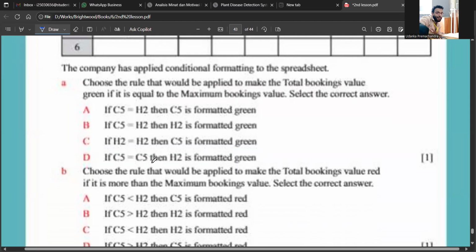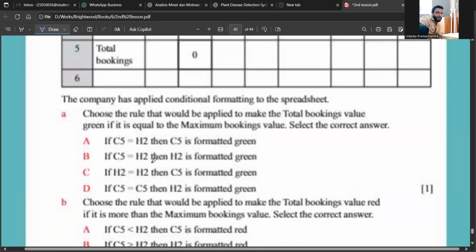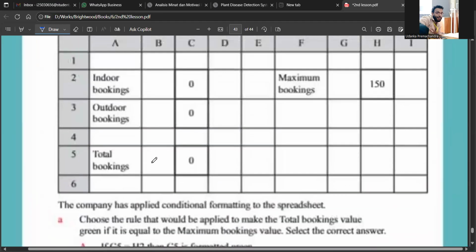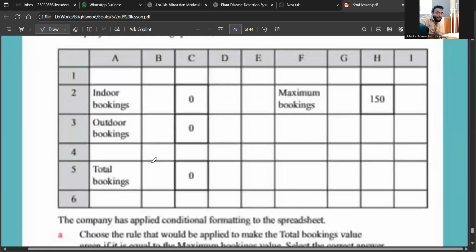So the rule applied to make the total booking value green when equal to the maximum value. The maximum value is H2.